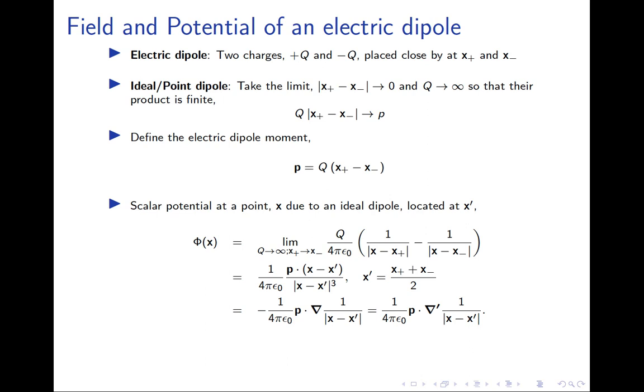This pattern will turn out to be something which is true in general. A dipole is given by an arrow from the negative to positive charge. Now you can have two such dipoles which are oppositely oriented. Right, one dipole is facing up, the other dipole is pointing down, and you can think of a limit in which the dipole moments p are infinite, but the separation between the two dipoles is made to approach zero.